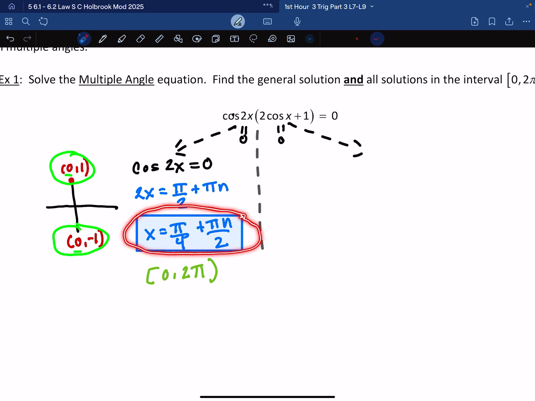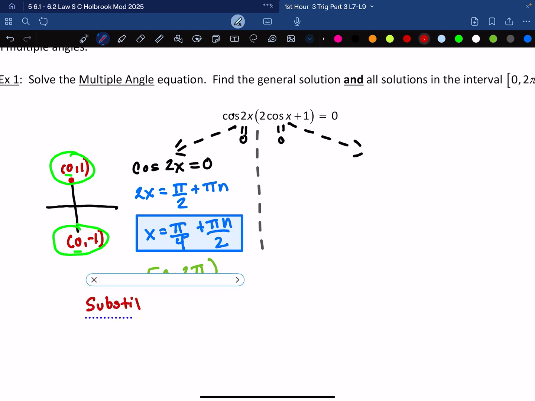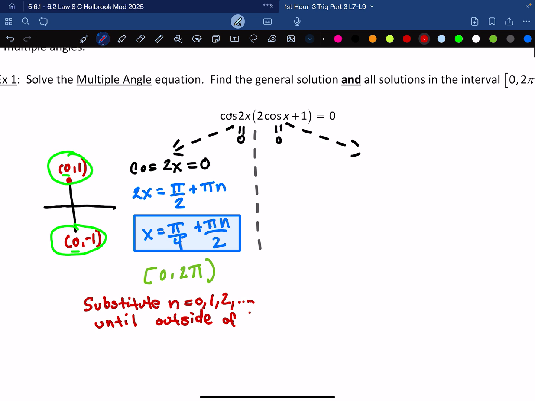We're going to simply substitute n equals 0, 1, 2, 3, and all the way until we are outside of this interval. And then that would tell you to stop substituting values of n in when you were outside of that.